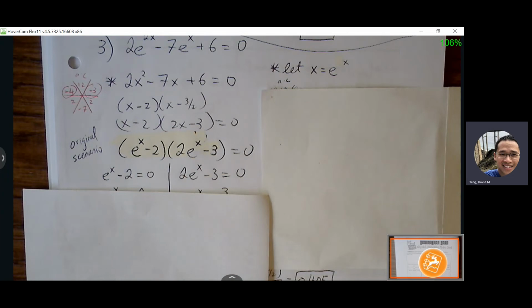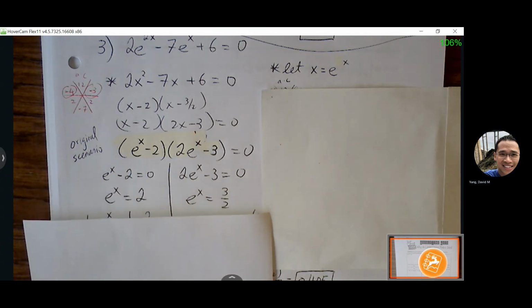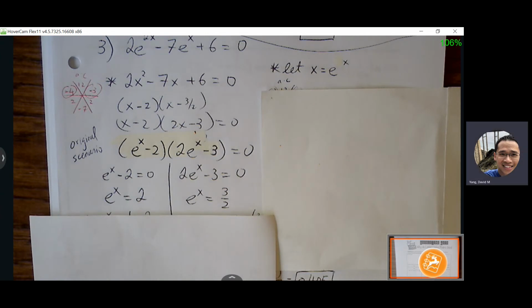Now we may have to involve log or natural log because we're still dealing with a variable that's in the exponent location. Now I can take the log of both sides, but typically it's a little bit easier and cleaner to take the natural log of both sides because natural log and e clean each other up a little faster. So I'll show both ways.